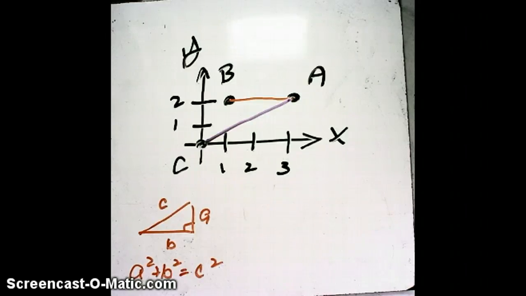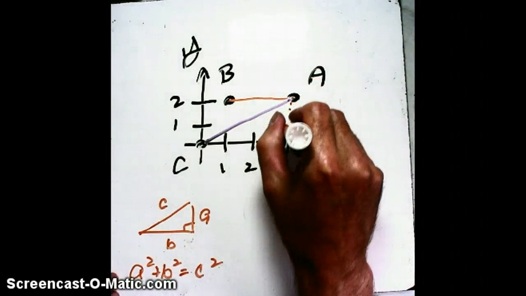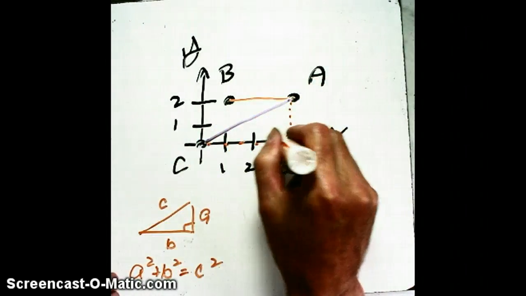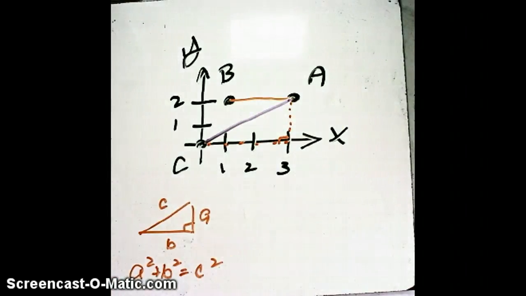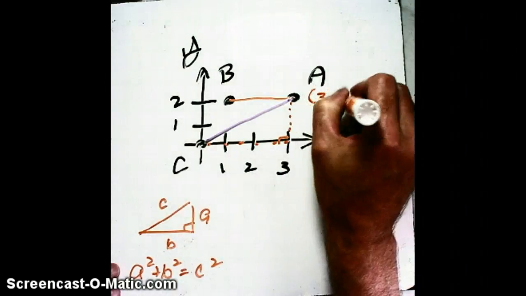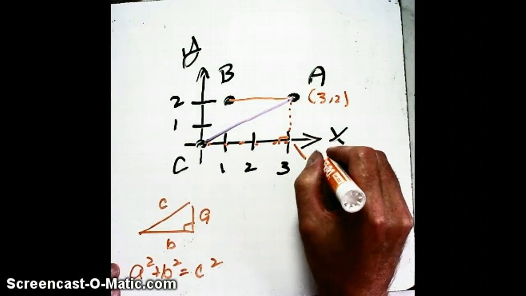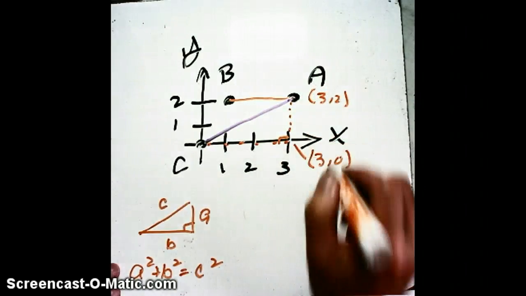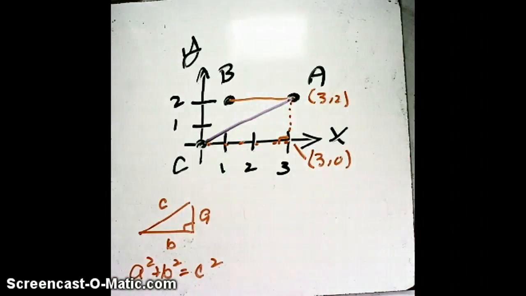Alright, now let's see. If I made a right triangle here, I want to know what this length is. Well, you know, this coordinate right here is (3, 2), and this coordinate right here is (3, 0). I could just subtract the y's.